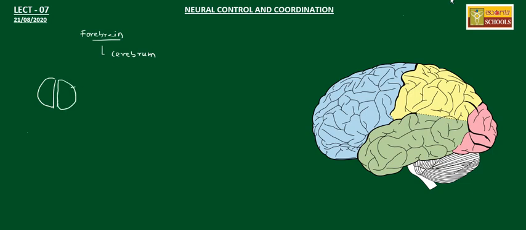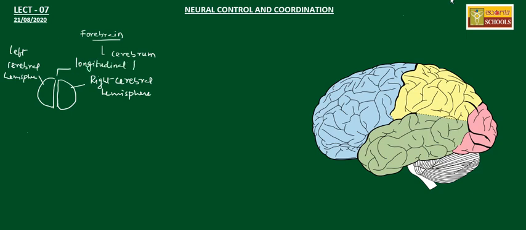This is the right cerebral hemisphere, and this side is the left cerebral hemisphere. These two cerebral hemispheres are separated by a longitudinal fissure.